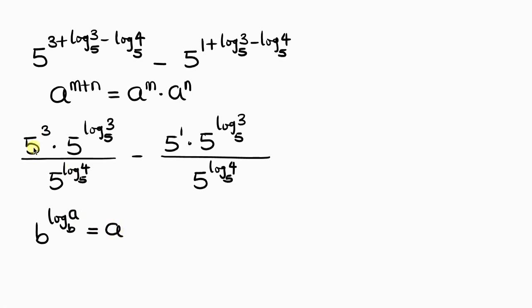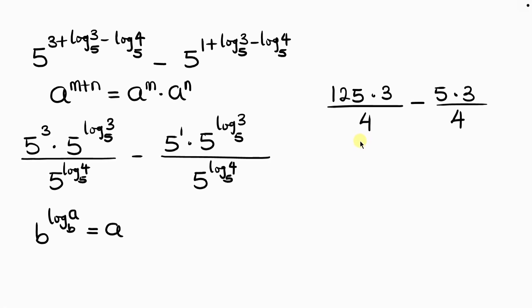So this becomes 5 to the 3 is 125 times, now the base here and the base here are the same, so I'm going to be having 3, so times 3 all over 4, minus 5 to the 1, that's 5, times 3 all over the denominator. The base here and the base here are the same, so I'm going to be having 4 as well.